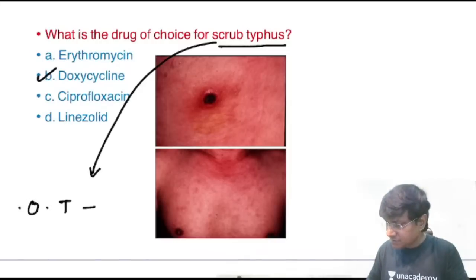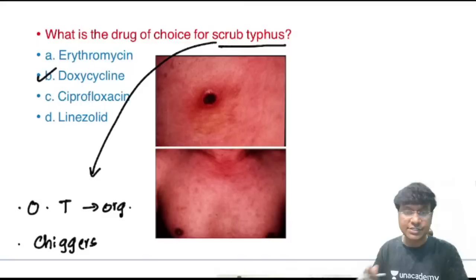How is it transmitted? It is transmitted by chiggers. What are these chiggers? These are larval trombiculid mites.